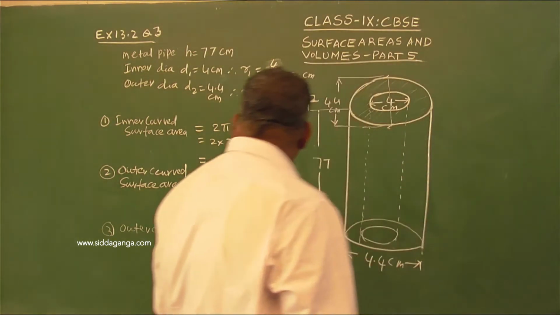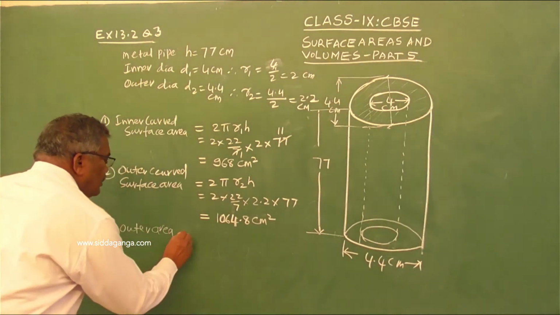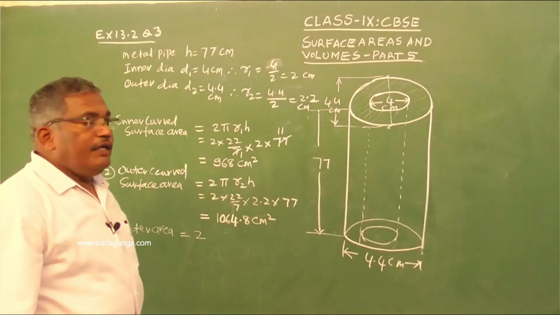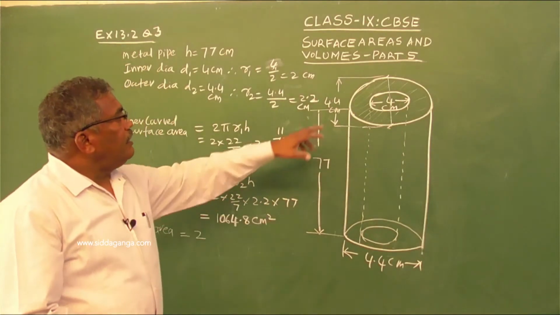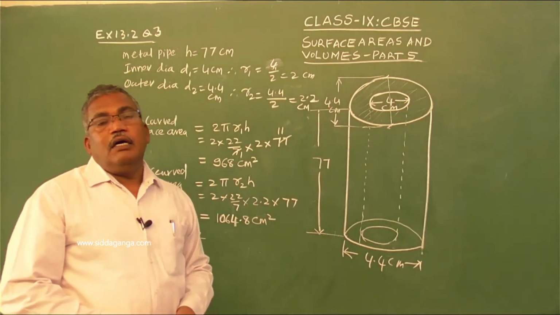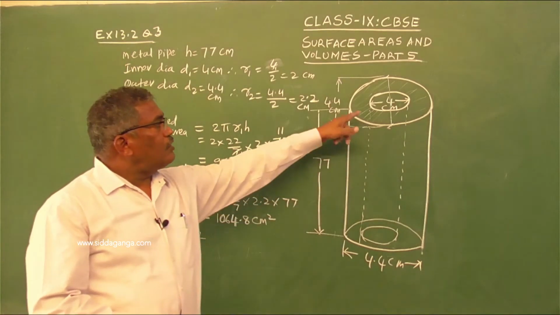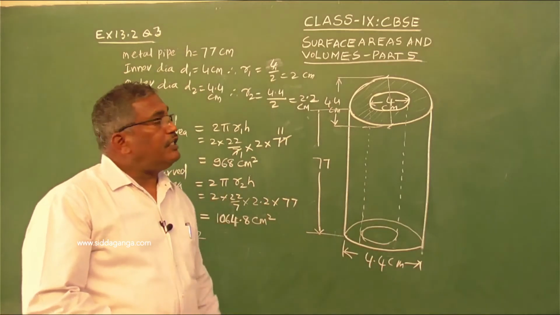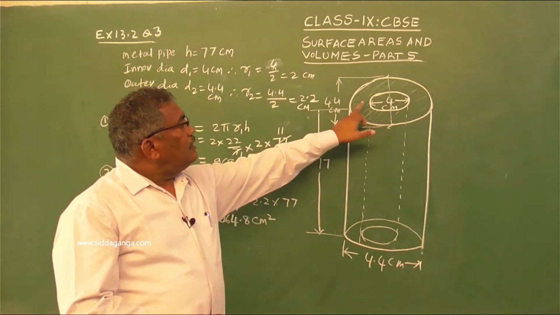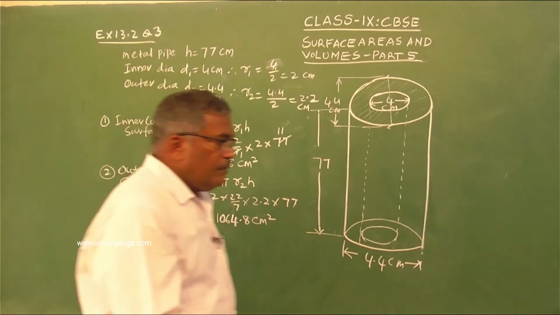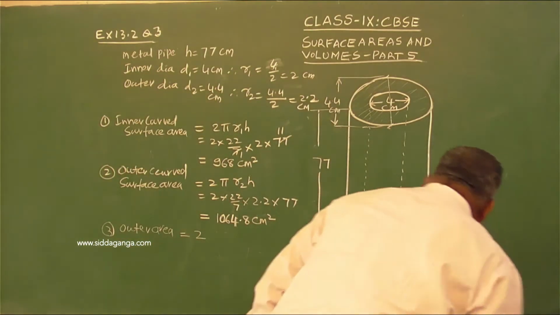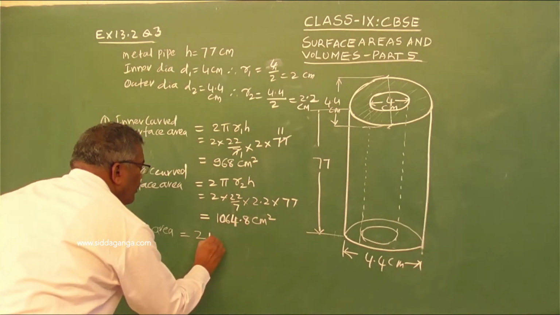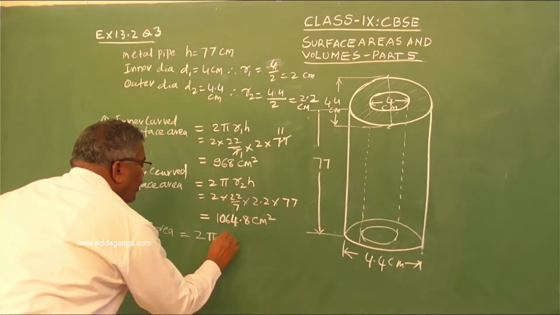So we have 2 edges, therefore I will take 2 times. So what is the area? We have area of circle is pi r square. So pi r square 1, pi r square 2, 2 pi r square. But here we want this hatched area, therefore we have to write the formula like this. So this is 2 pi, R square.